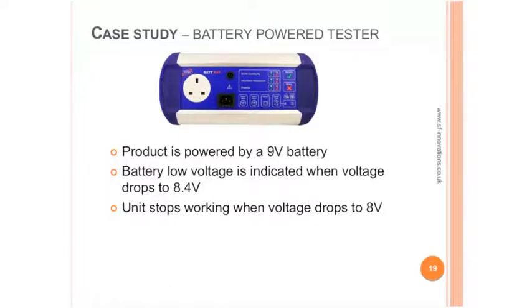So really from 8 to 9 volts, your measurement device, and this portable appliance tester has to measure accurately. You have to make sure that irrespective of your supply voltage being 8 up to 9, it has to give you accurate readings.